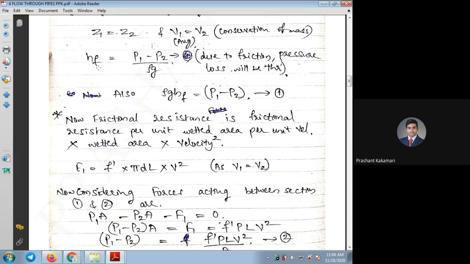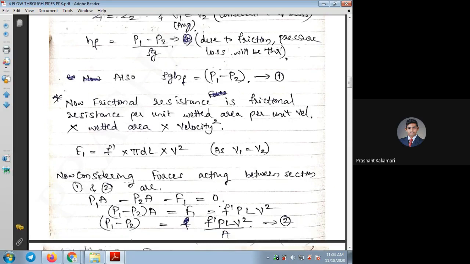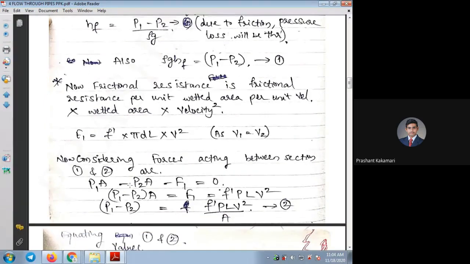Now one can rewrite the equations, that is P1 into area, or forces if you consider. Before that, head loss due to friction. If you try to analyze the forces, because I have considered the friction force, we have friction force, pressure at the inlet side, and pressure at the outlet side.